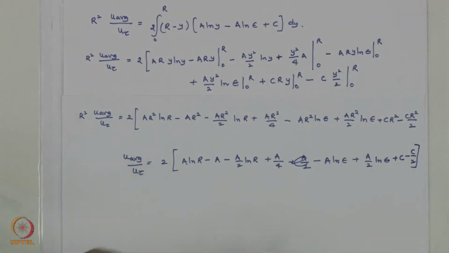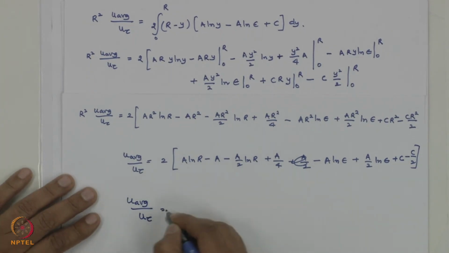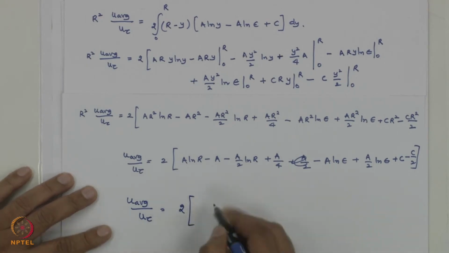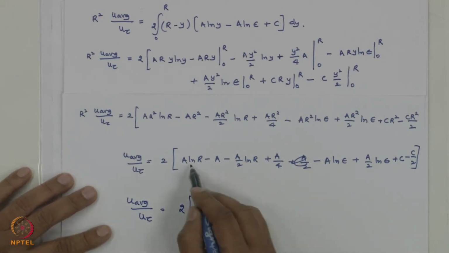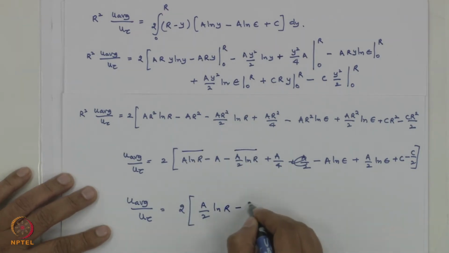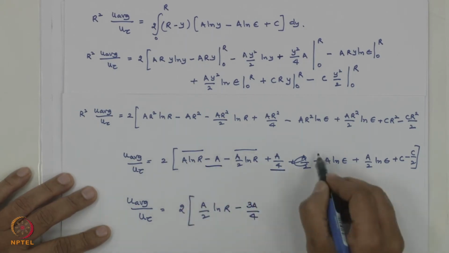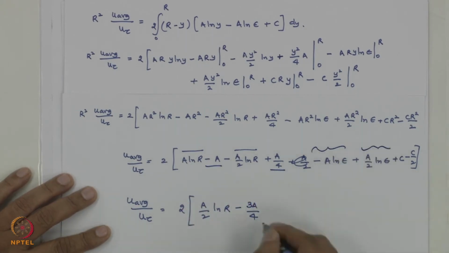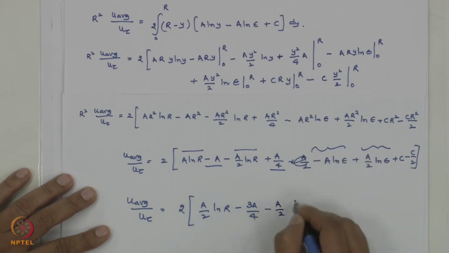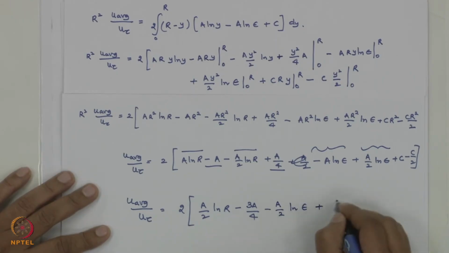So this reduces to u average by u tau equal to 2 into a by 2, this term and this term, a by 2 log R minus 3a by 4, because this term and this term, now you have these two terms, you get minus a by 2 log of epsilon plus c by 2.